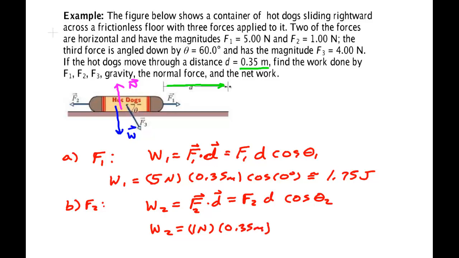But this time, this vector points that way. That vector points in the opposite direction. This angle is 180 degrees. So cosine 180. Plug that in, I get minus 0.35 joules.